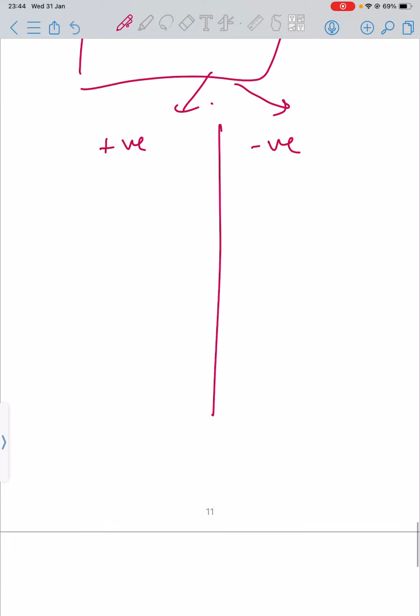Now why this difference? Let's break it down. For example, if this is the cell membrane, I'm making it a bilayer. Why? You know it, fluid mosaic model, bilayer.